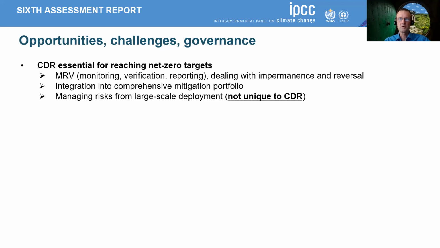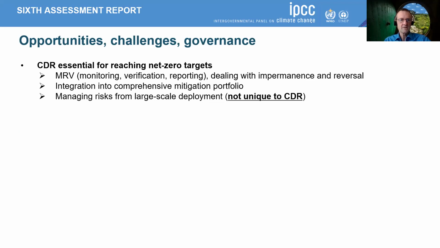without working towards CDR. Of course, there are risks from large-scale deployment, but I would put to the distinguished audience that these risks are not unique to CDR. There are risks from large-scale mitigation of any nature. There are risks from large-scale deployment of hydrogen as an energy carrier.